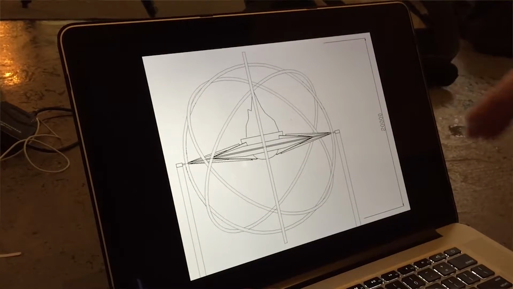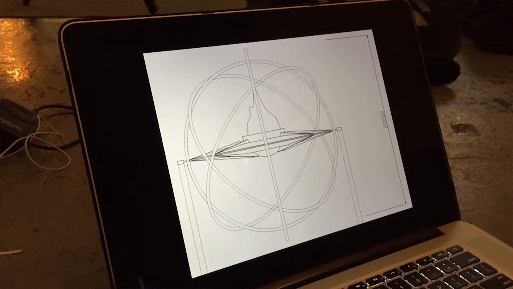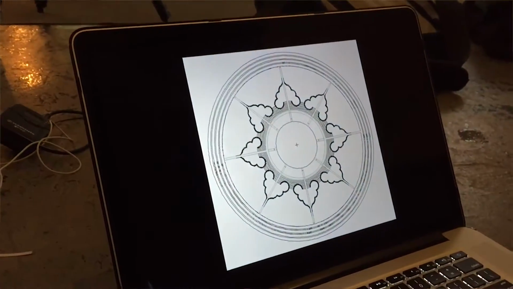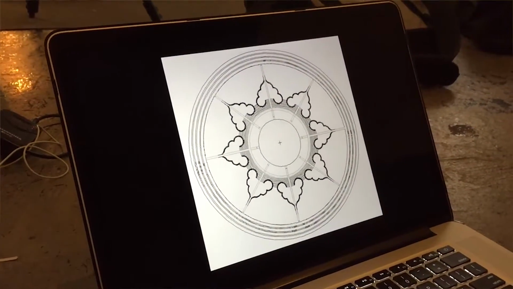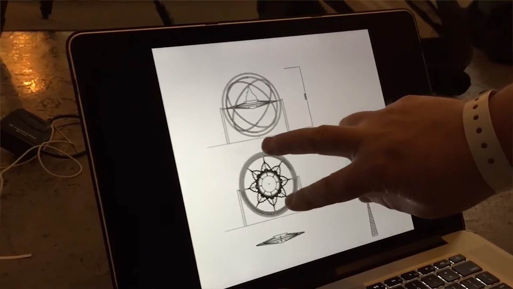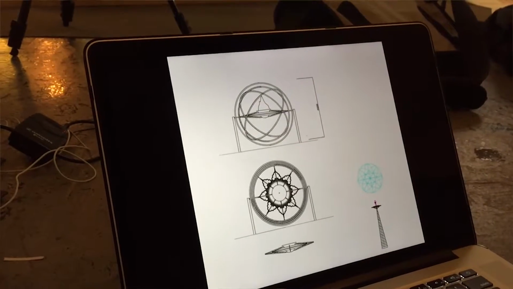This is the first draft of the design, so that's the astrolabe version of it. The main burner, the rising sun motif. That's the sun, that's the atom.